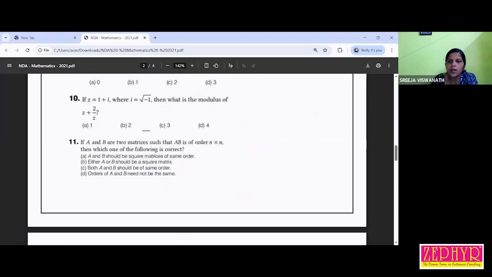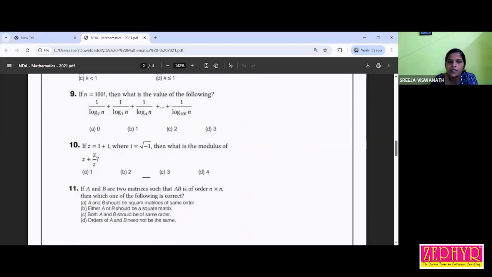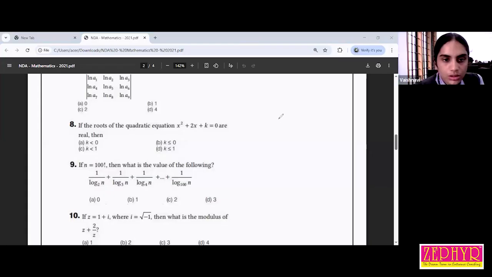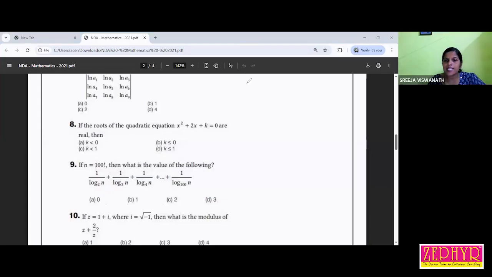If the roots of the quadratic equation x square plus 2x plus k are real, then discriminant is greater than or equal to 0. If the roots are real, discriminant is greater than or equal to 0. Now solve.